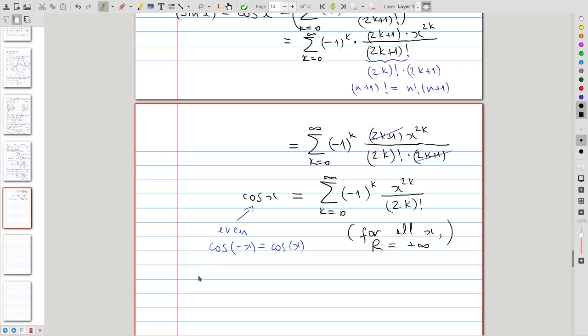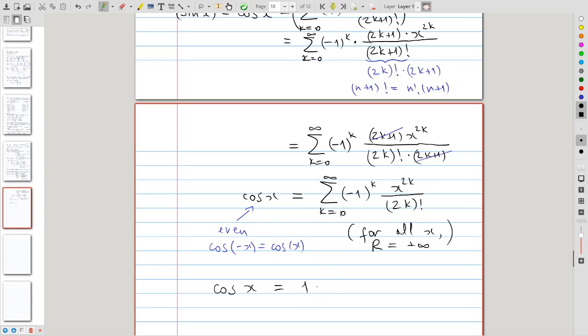And if we were to look into the first several terms of this series, we would see that it starts off like so. For k equal to 0, we have 1 over here, and x to the 0th degree, which is 1, divided by 0 factorial, which we have agreed to be equal to 1 as well. So we simply have 1.